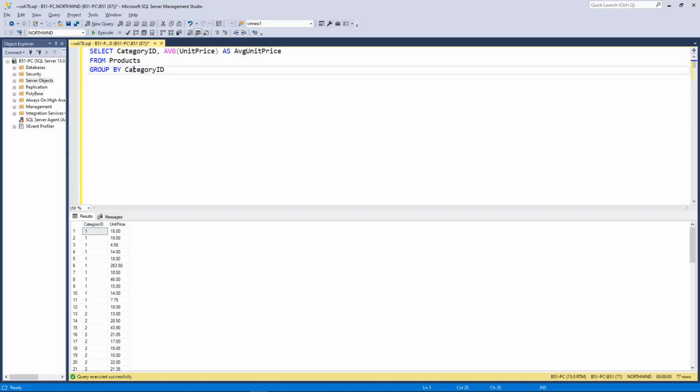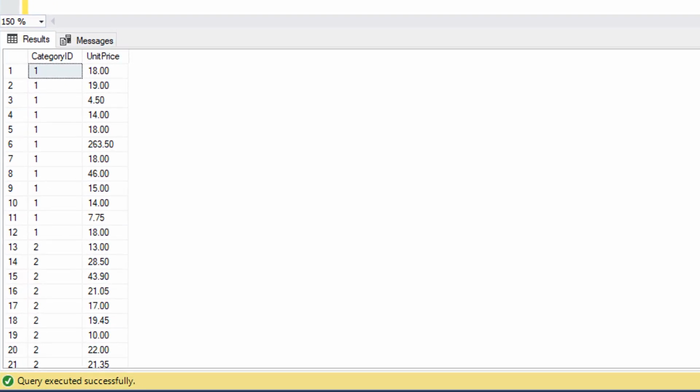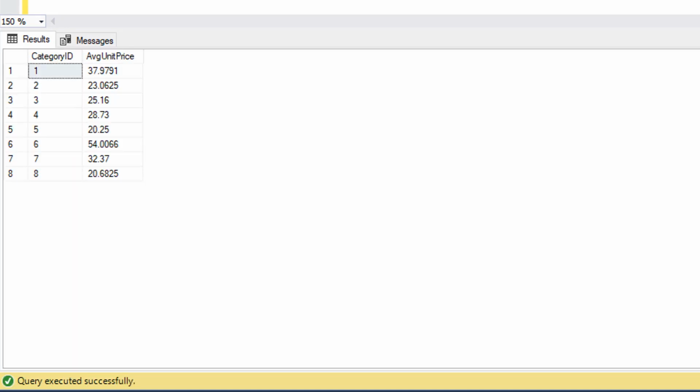In this case, we have category ID. Let's run this. And we see that we got only one row per category ID, and all the rows we had, now it's the average.